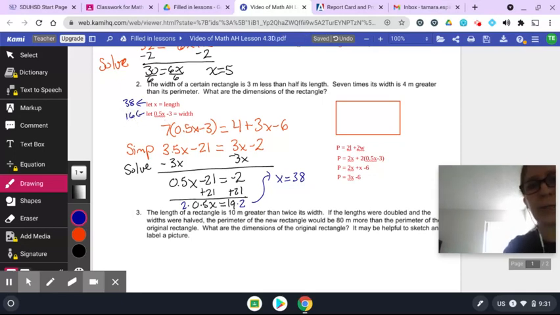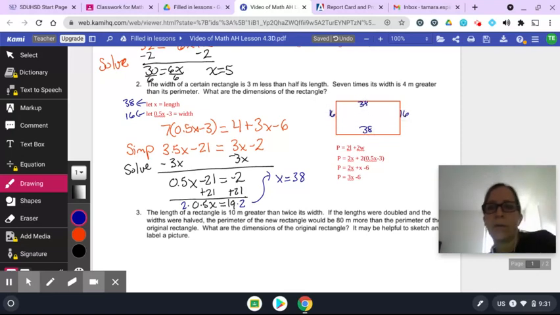I go back to make sure I'm not crazy. 38, 38, 16, 16. My perimeter would be 38 plus 38, which is 76, plus 16 plus 16. My perimeter is 108.